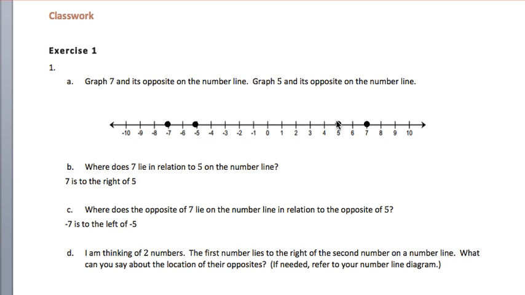So if the first number lies to the right of the second number, then the opposite of our first number would lie to the left of the opposite of our second number.